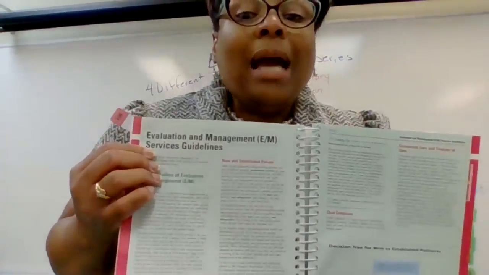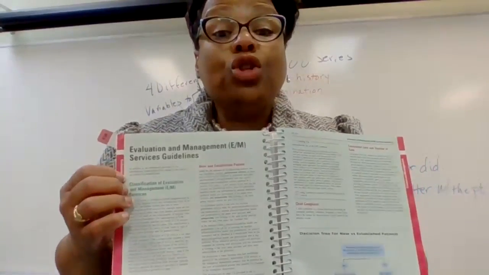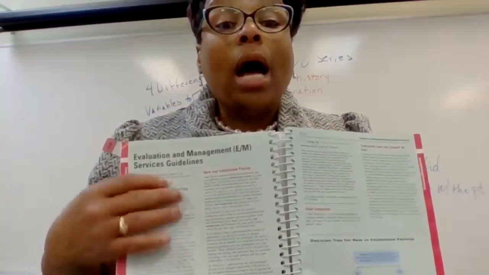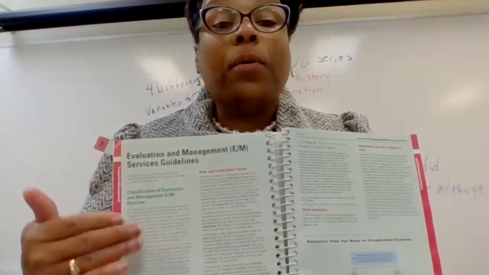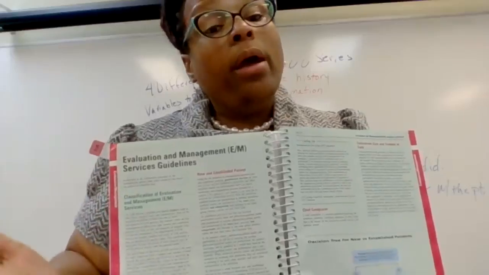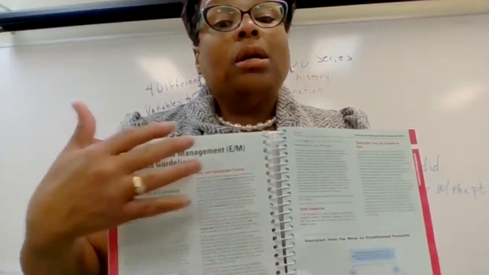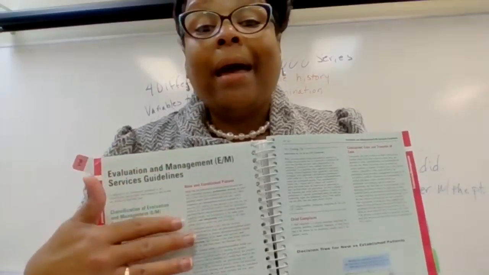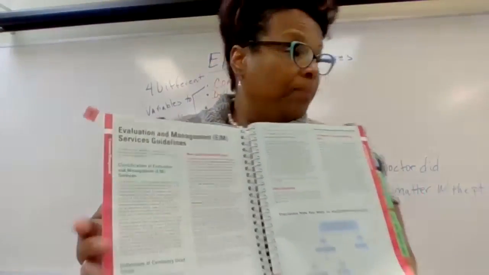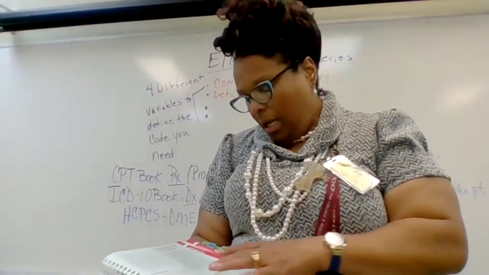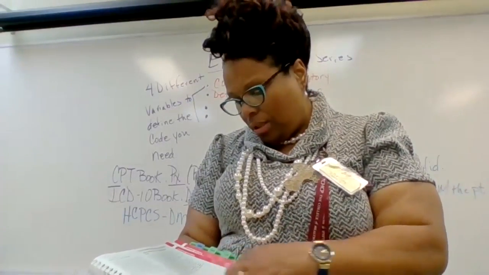Your guidelines will guide you to making sure that how you code, or how you look at things to give a proper procedure code, will help you do your job well. It is your conscience in writing. Let your conscience be your guide in writing. Okay? Fantastic. Now, it has a decision tree for new and established patients.